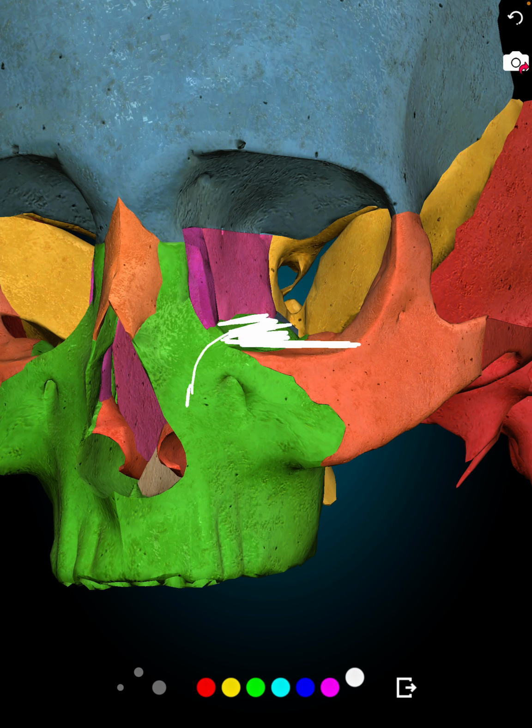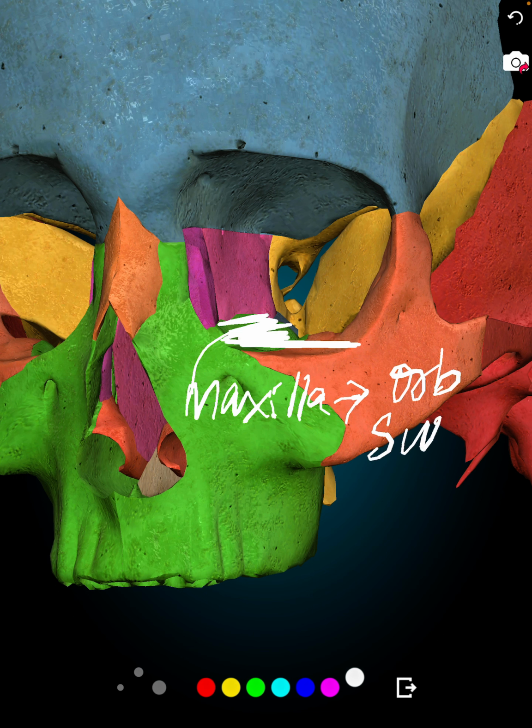What is this bone? That is your maxilla. Okay, again, that is the maxilla, which surface? Orbital surface. Okay, all bones that have an orbital surface, your frontal bone, your sphenoid bone, your zygomatic bone, your maxilla, your ethmoid, everything will be present in the orbital surface, right? So your inferior wall is actually made up of what? It is made up of maxilla orbital surface.